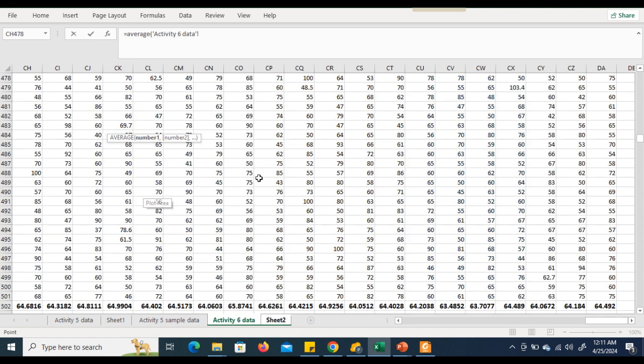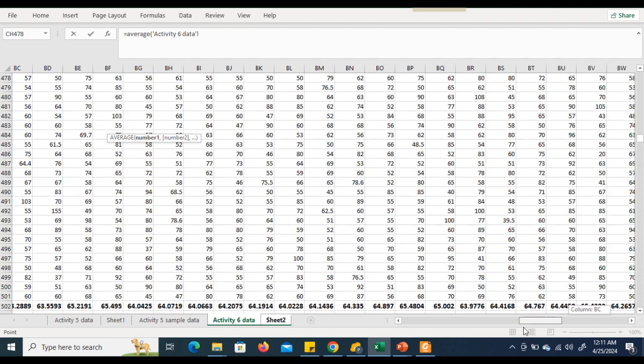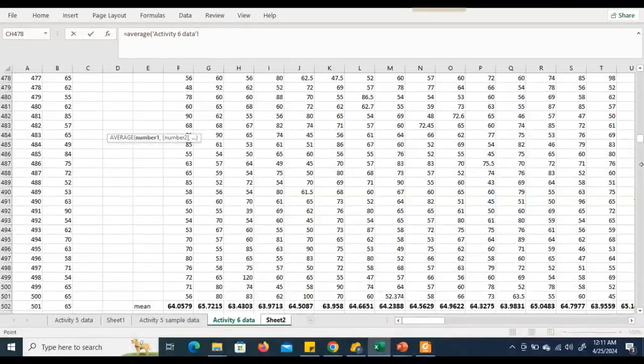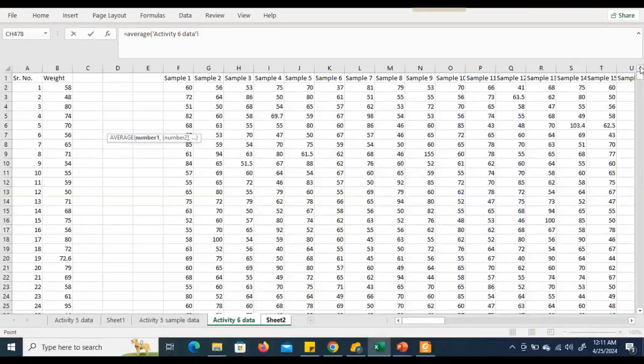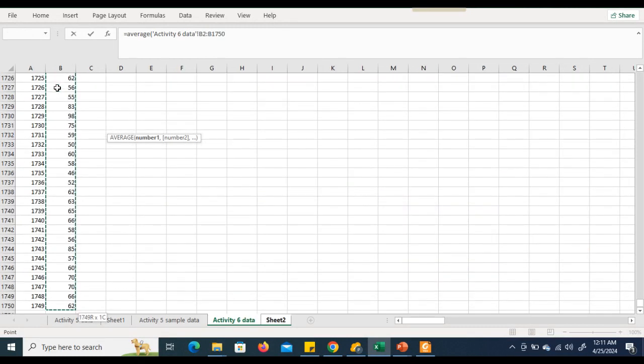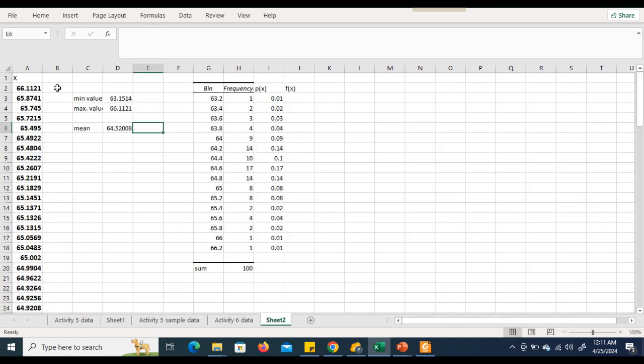So what is the population here? This is the population data. I am going to select it with control shift down key. There are 1749 entries, and that will give us the mean. And what about the standard deviation of the population?